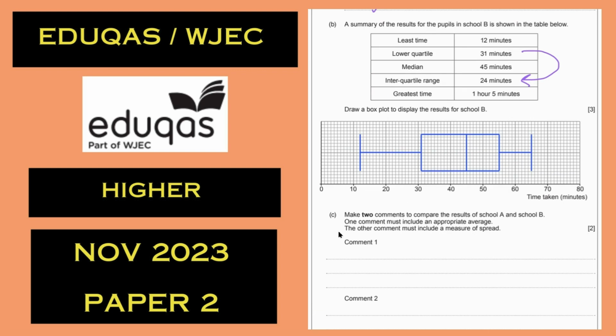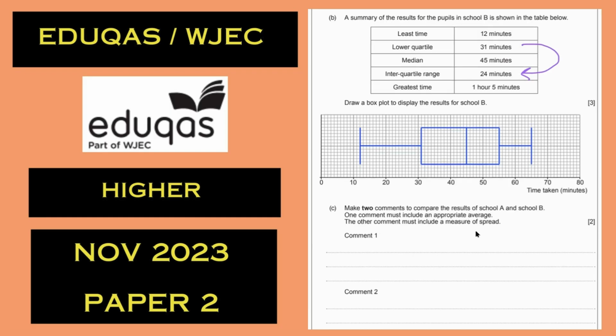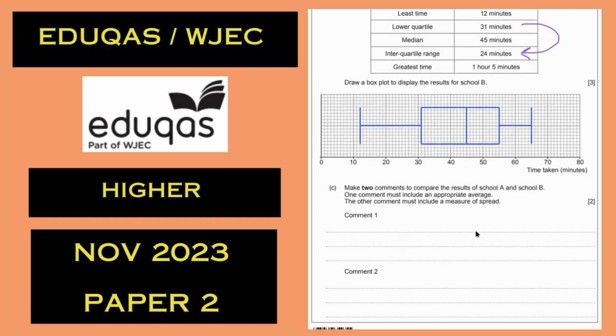Making 2 comments, it does actually give you the clue to talk about appropriate average, or the comment must include a measure of spread. So firstly, talk about the median. Any statement saying that the median of these is at 45 and the median for the year 7, for school A, was 39.